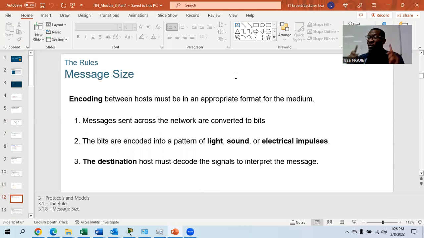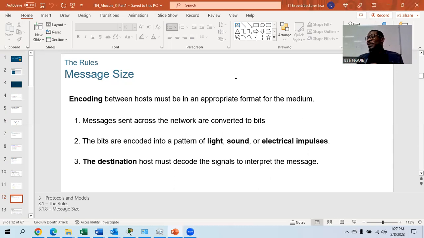So you need also to understand this. Number one, messages that you are going to send will be converted into what we call bits, 0 and 1. So when you are typing a message you are sending to your friend, your message will flow as 0 and 1. When you are typing a Gmail message, your message will flow as 0 and 1 as bits.